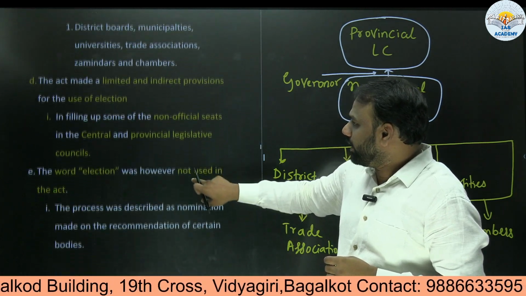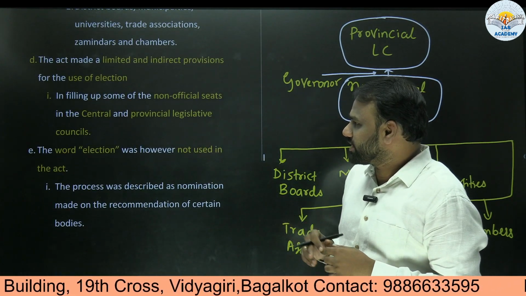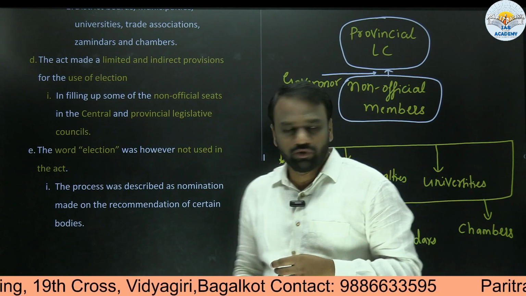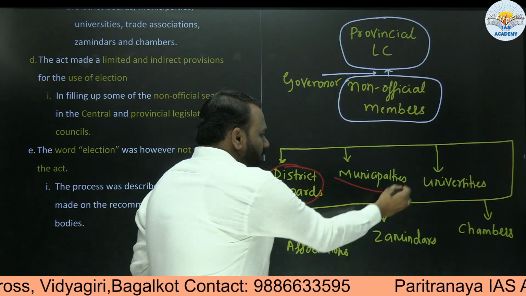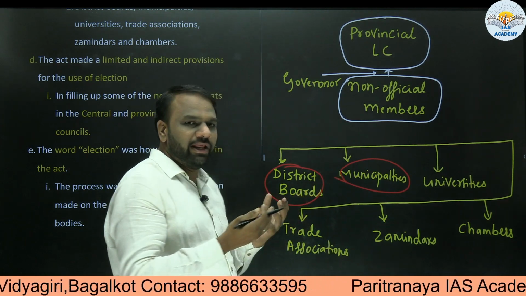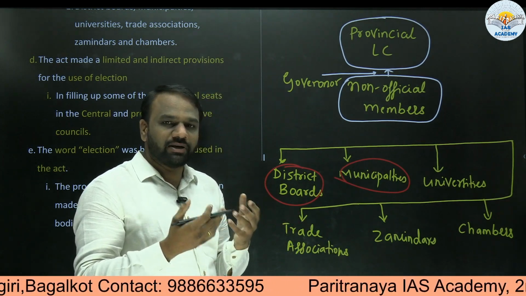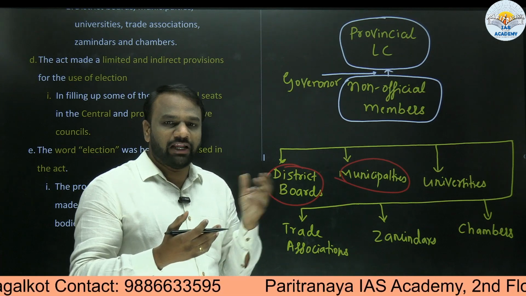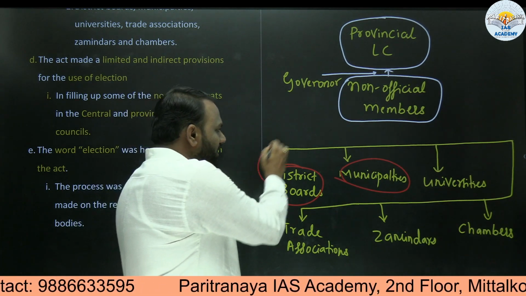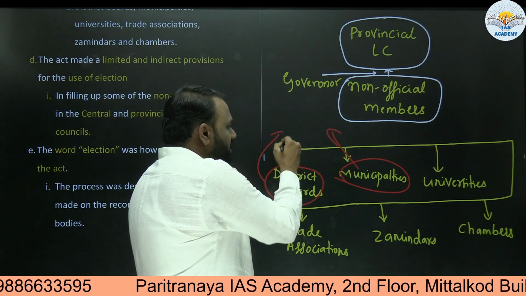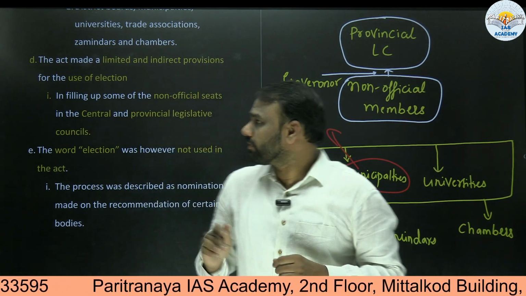Next, if you look at the various provisions which we discussed now, when district boards recommended, when municipalities recommended, while recommending, probably they might have followed some kind of procedure similar to that of an election. So from this we understand that indirect election provisions were used.